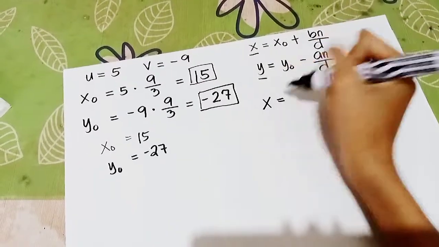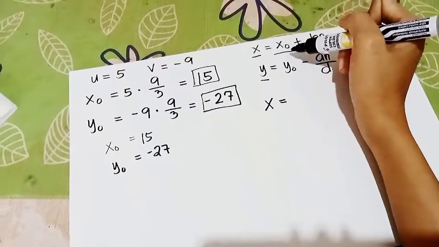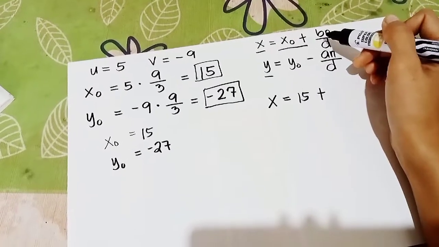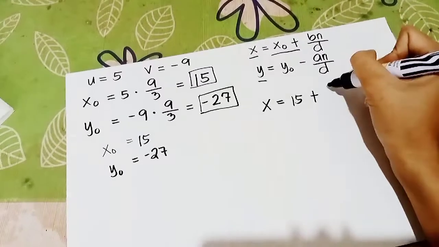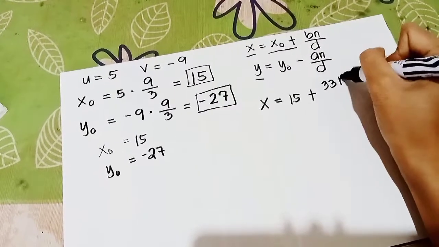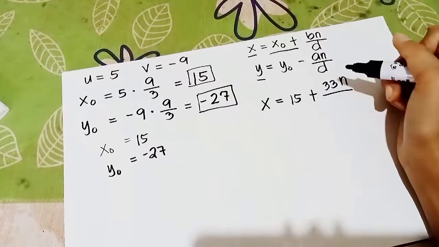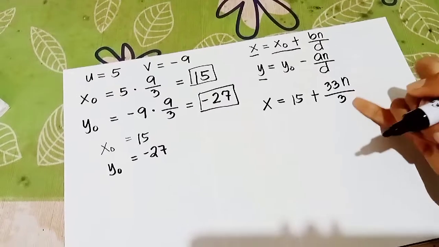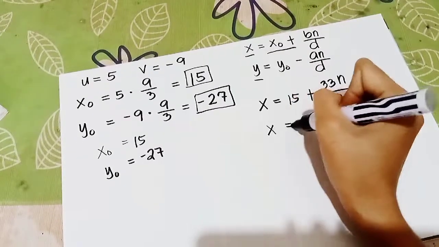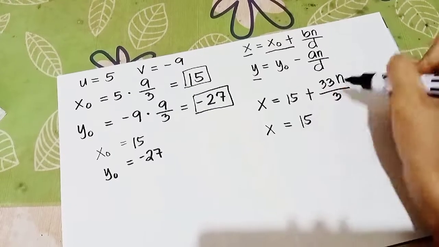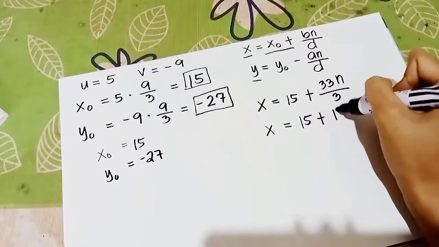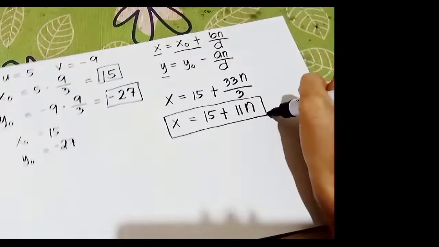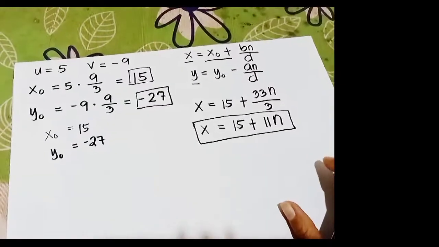So x equals x0, which is 15, plus b over d, where b is 33 and d is 3. 33 divided by 3 is 11, so we can now find the value of x.